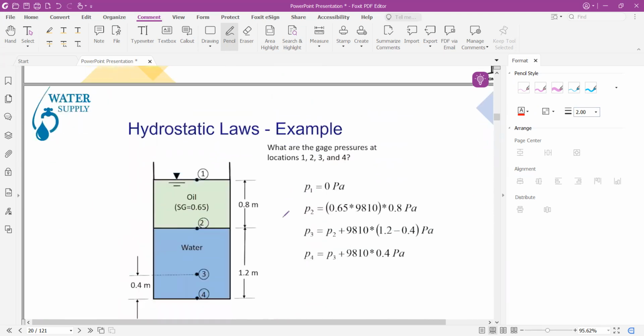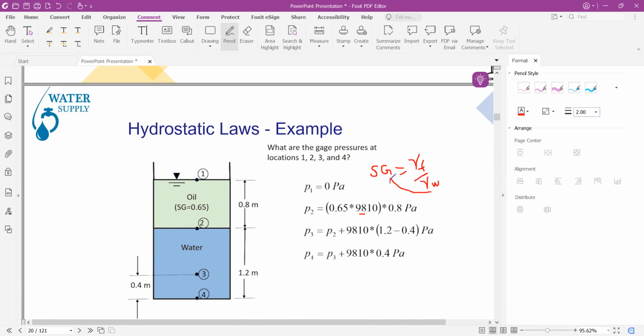Let's solve an example. Consider two fluids, oil of specific gravity 0.65 and water below it. The pressure at 1 will be equal to 0 because of atmospheric pressure, while the pressure at point 2 will be equal to the specific gravity multiplied by the unit weight. As you know, the specific gravity is the ratio of the unit weight of the fluid to the unit weight of water.